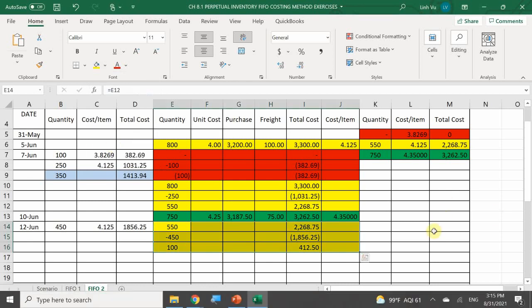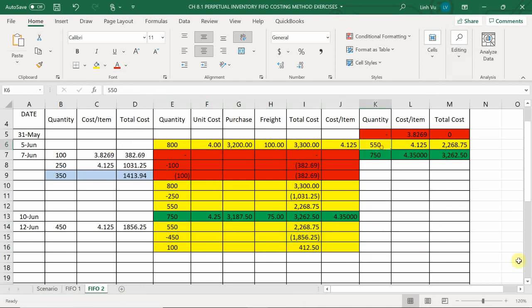Okay. So once again, all we have left is 100 units at $4.125, giving you a total remaining of $412.50. Good.